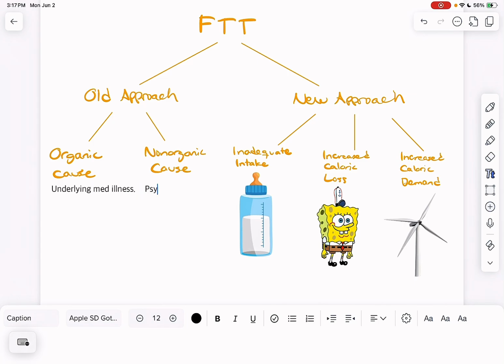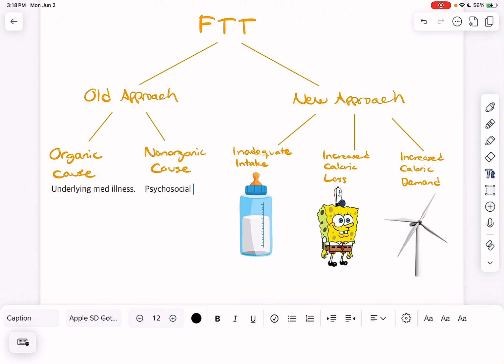These were typically things that are more psychosocial in nature, whether it be miseducation of the parent, the child being neglected in a way, or not being fed properly. Those are psychosocial complaints that really identified the non-organic causes of failure to thrive.